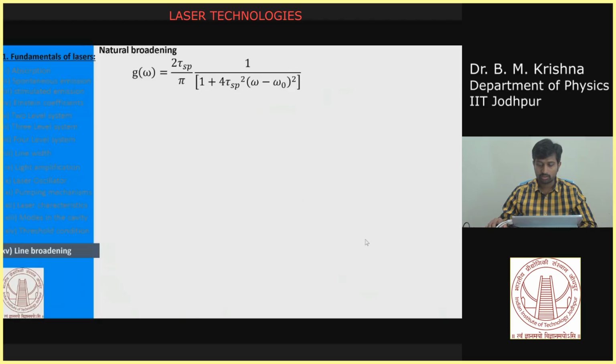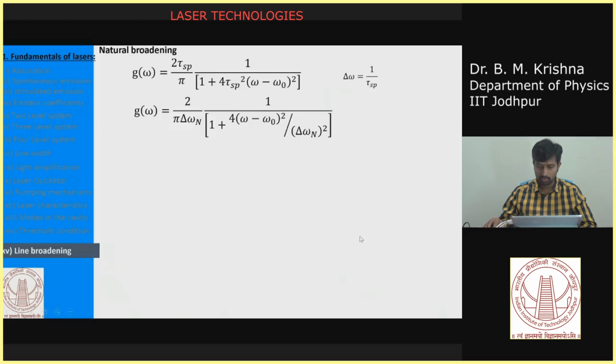Then we get the expression for g of omega, which gives you a Lorentzian expression. This is the final expression we got. Your delta omega is the full width at half maximum.